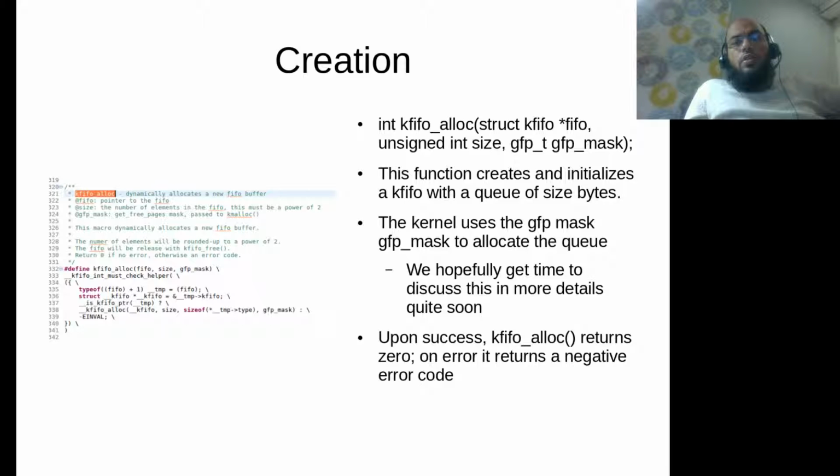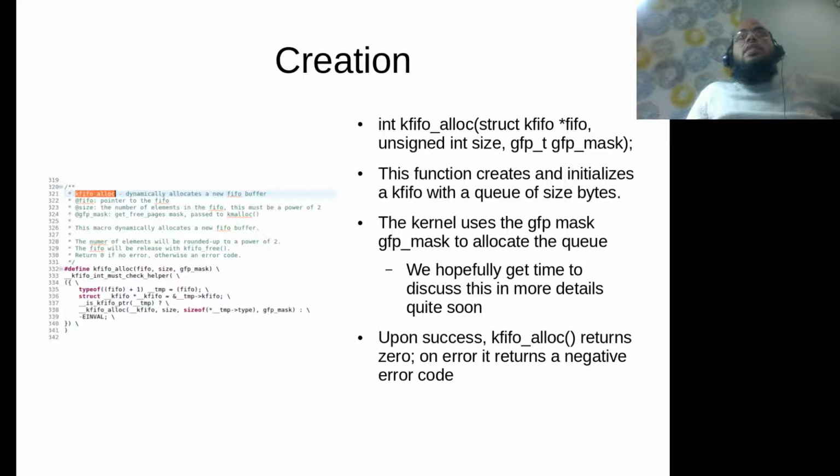There are two ways to create a kfifo queue, and the first one is using a function called kfifo_alloc. kfifo_alloc dynamically allocates a new FIFO buffer. It has three parameters. The first one is a pointer to the FIFO, where your kfifo will be. The second one is the size, the number of elements in the FIFO, and this must be a power of 2, because computers like a power of 2, so you cannot have 35 here, for example.